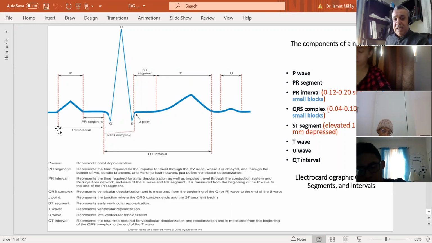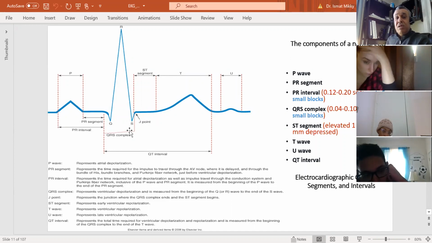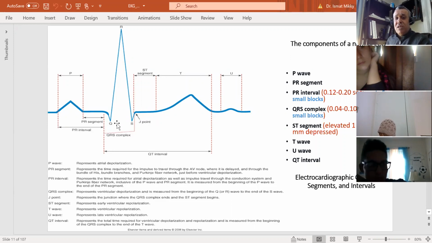Now the QRS represents the ventricular depolarization, in other words ventricular contraction, a resultant effect from the innervation, which is presented on the EKG strip as a QRS complex.